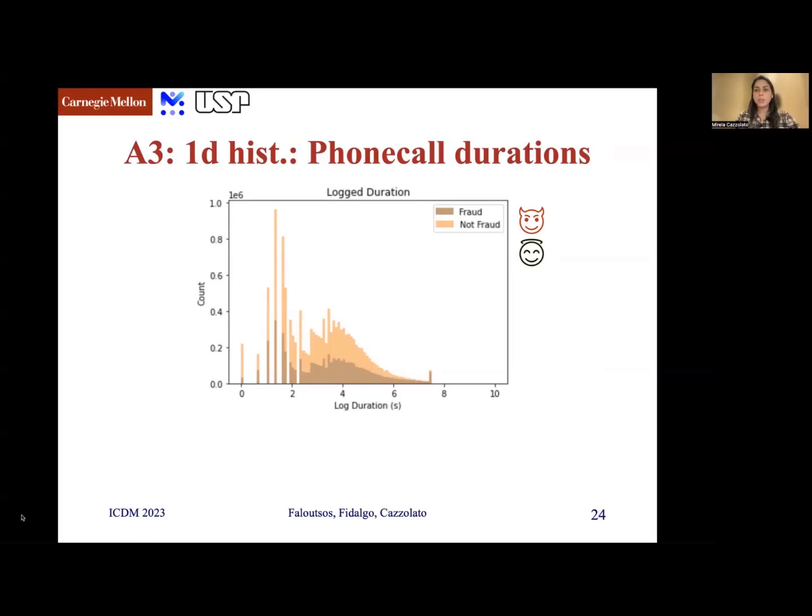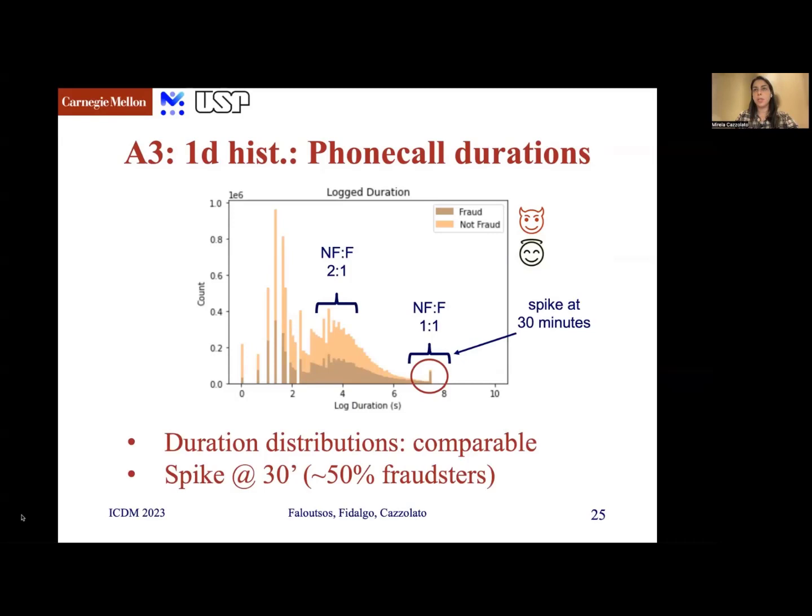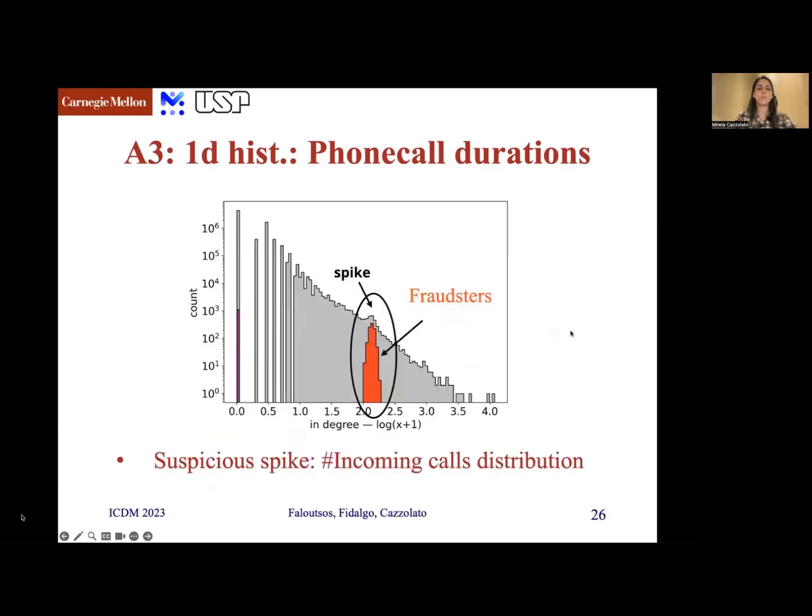And in this case, specifically, we can see clearly that there is a non-fraudster behavior, which is 2 for 1, compared with fraudsters here. But at the end, we have a spike where fraudsters compose 50% of the calls in that spike, and this is very suspicious, and we took this case to the specialists as well.